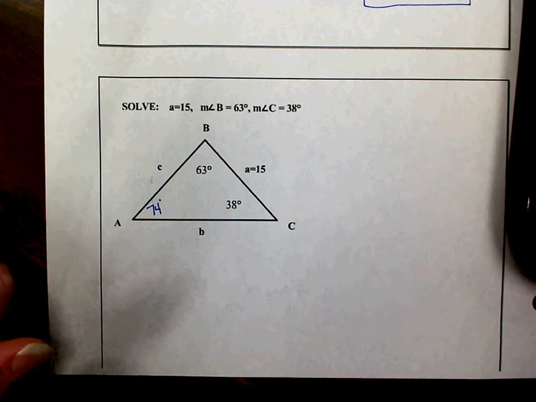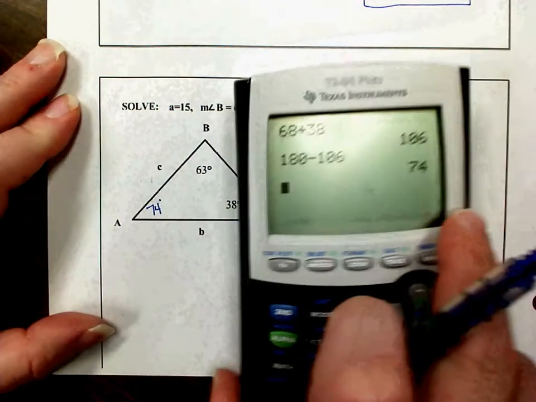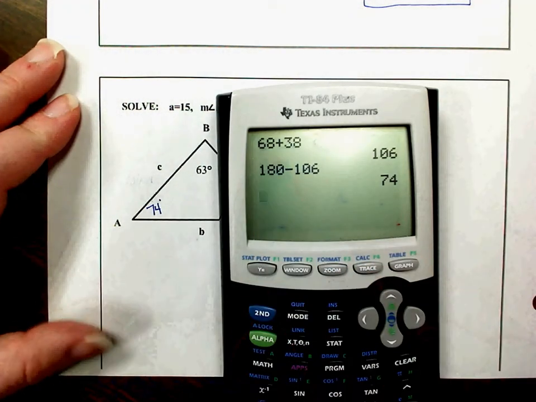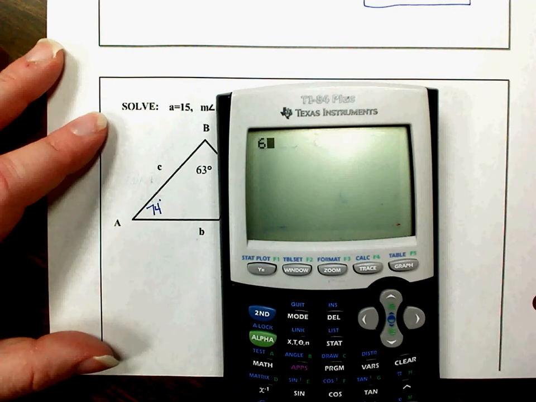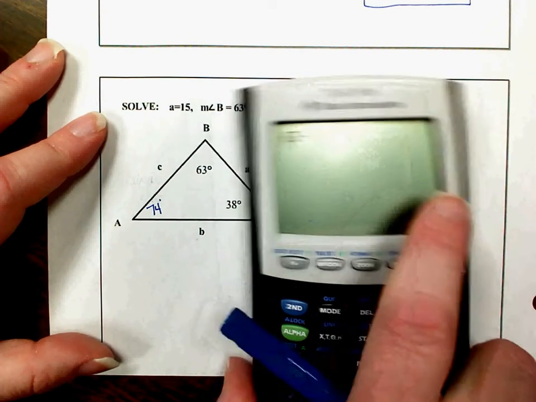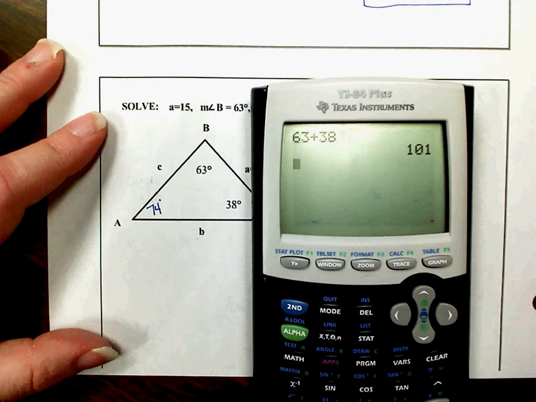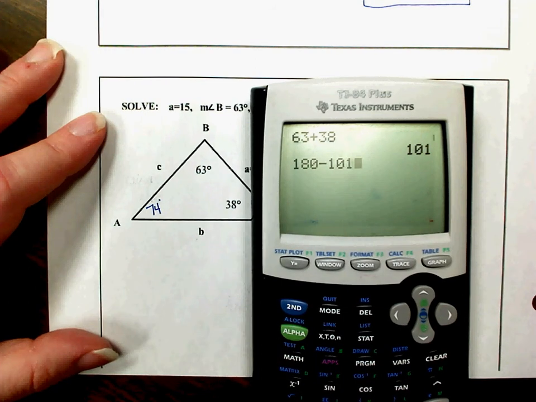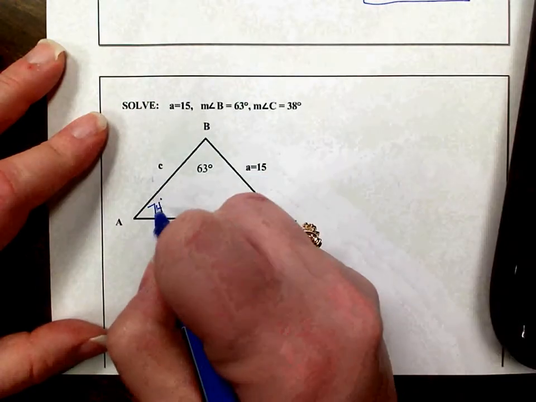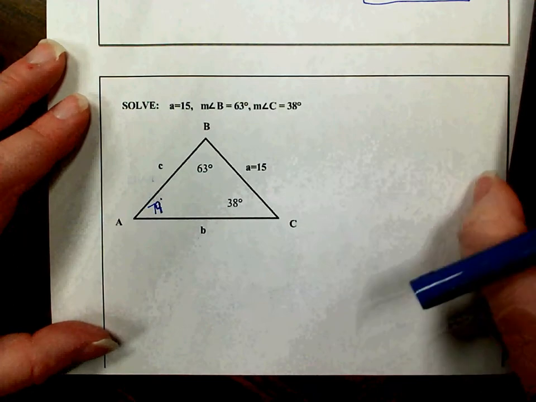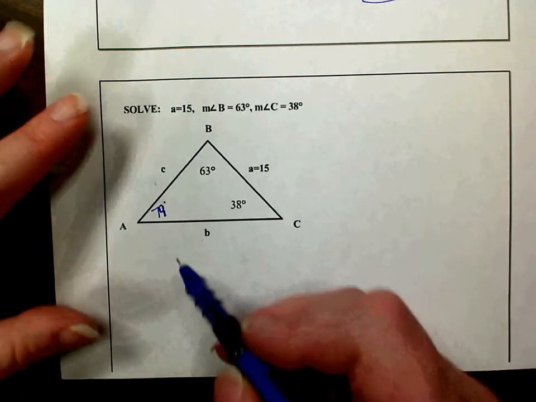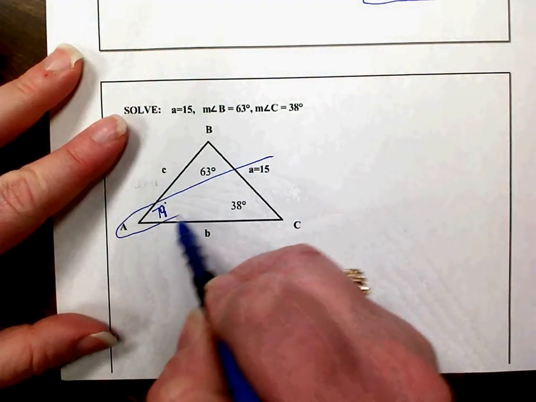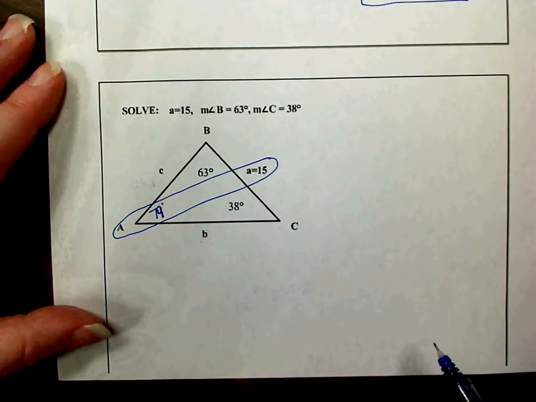Oops, just noticing I did in 68 instead of 63, so let's do that again. 63 plus 38, and subtract that from 180 gives me 79 degrees, not 74 degrees. My bad. Now I have an opposite angle and side pair, so I can use the law of sines.